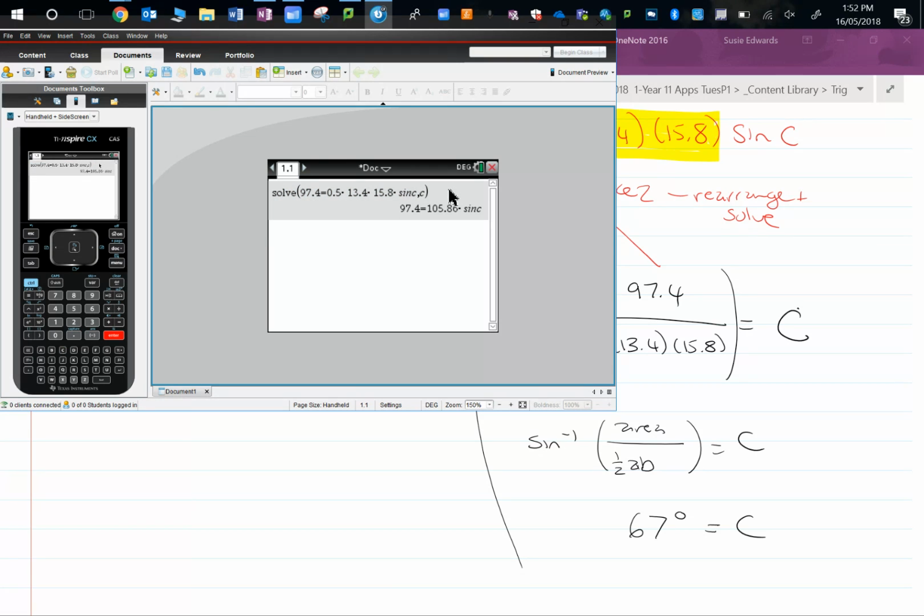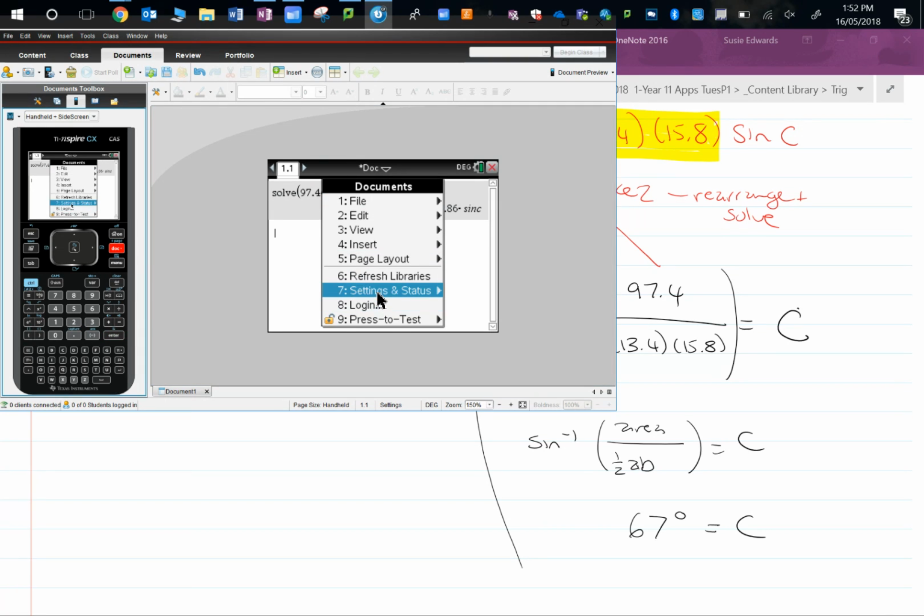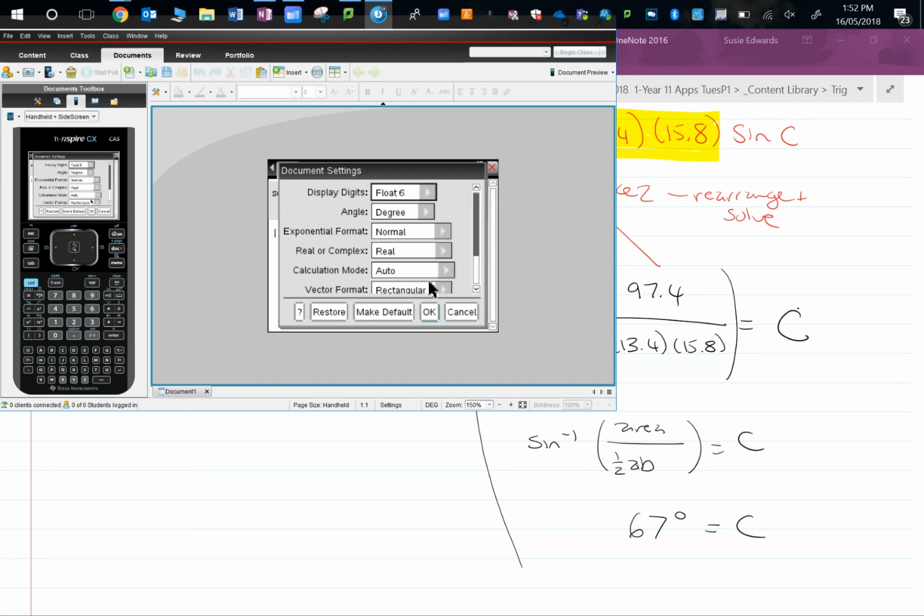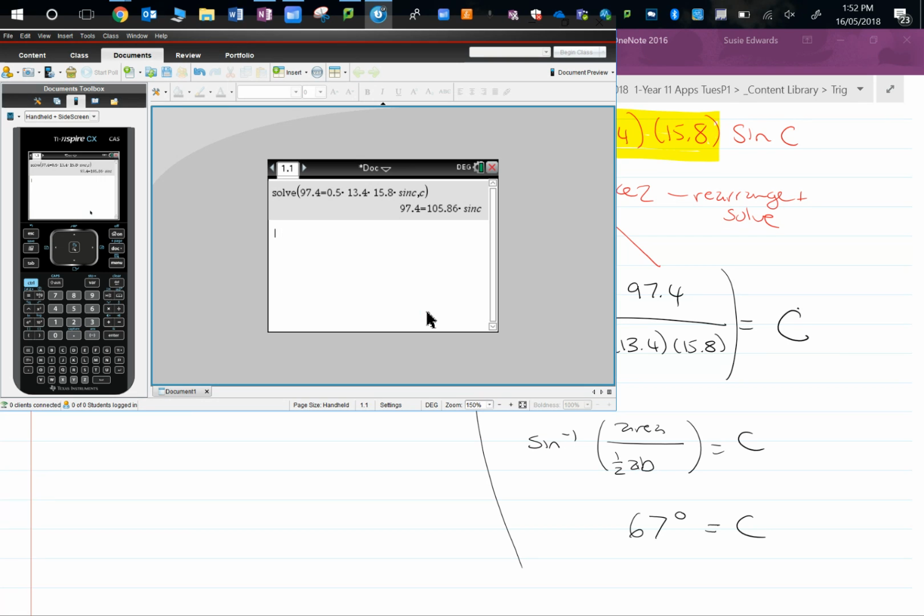And what's happened is it has come up as a really weird answer. Actually, that's giving me a general answer. Hang on. I might use X instead of C. I don't think C is working for us.